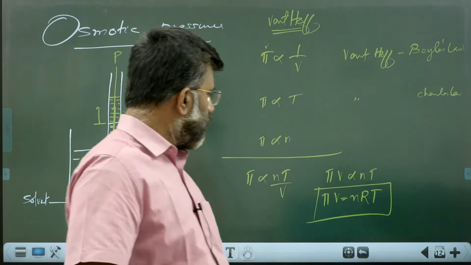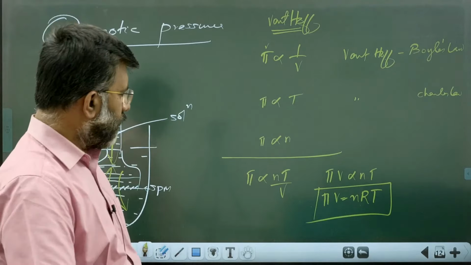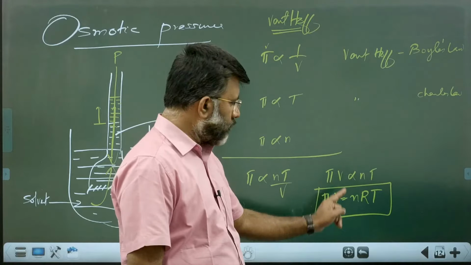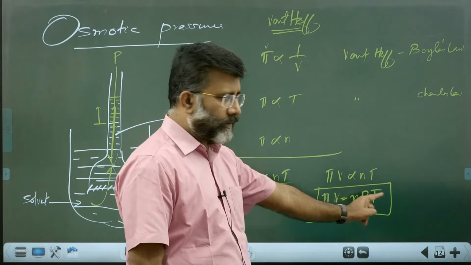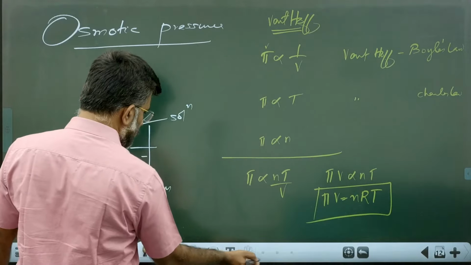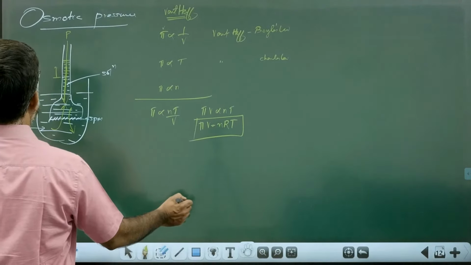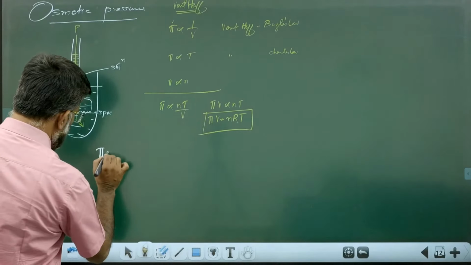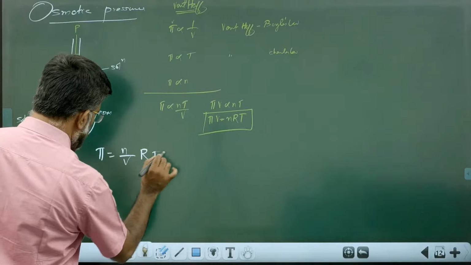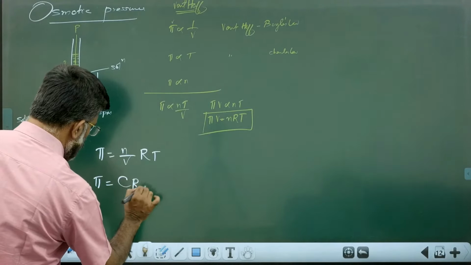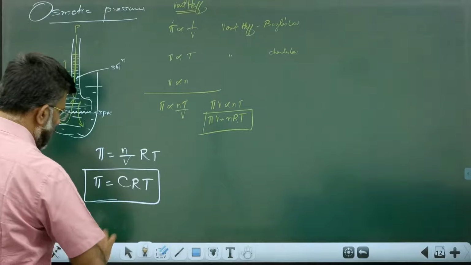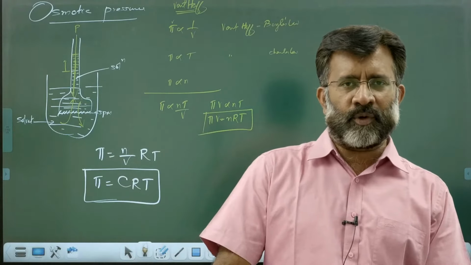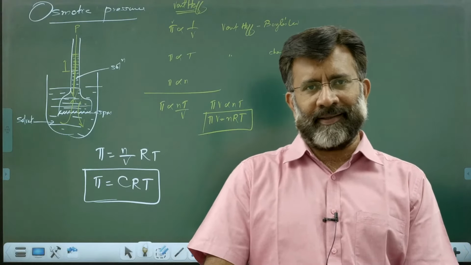Pi V is equal to nRT, where pi is osmotic pressure, V is the volume of the solution, n the number of moles, R is solution constant, and T is temperature. Or you can write pi is equal to n by V RT, or pi is equal to CRT or MRT. C is concentration.